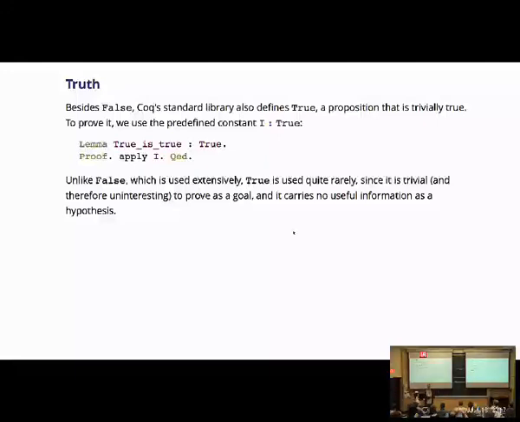It's just this I thing that you can't get any work out of. So true is not used as much as false, but it is used, and we will see some examples in the next lecture of where it can be quite useful. Where it's useful is when you're programming with propositions, which we will come back to. For now, let's set it aside.